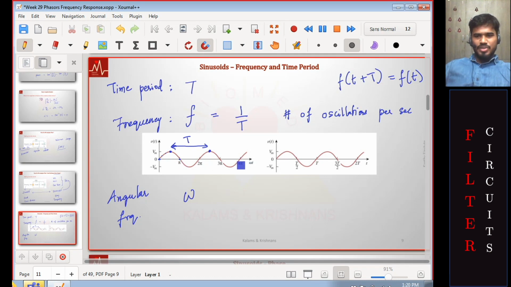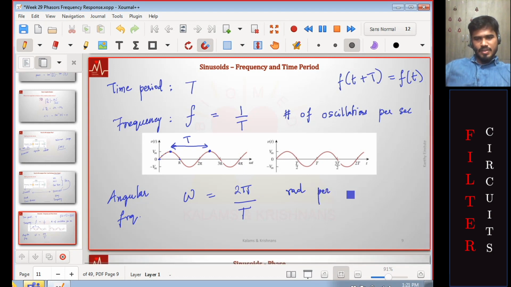Notice in the curve shown here, it goes 2 pi radians in T seconds. So its angular speed is 2 pi by T, distance by time, right? Angular frequency is in radians per second. And you could notice that if you use 1 over T as f, this is 2 pi f.